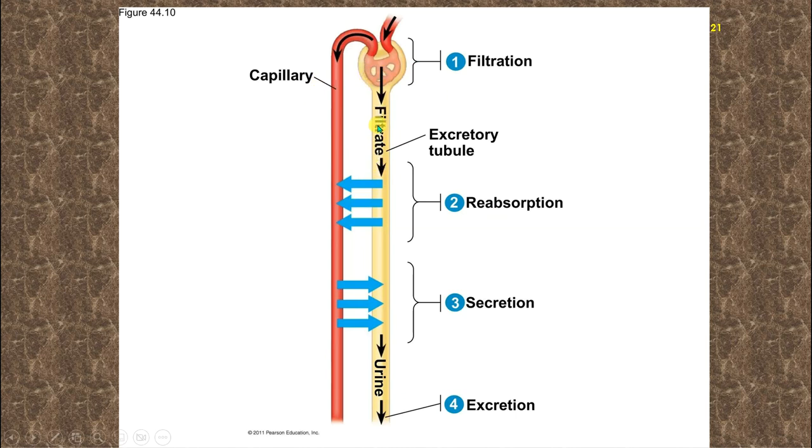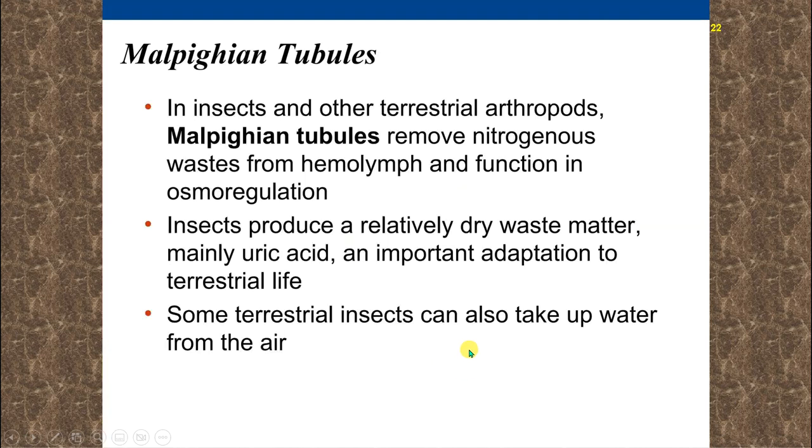The filtered material is called the filtrate, and many times reabsorption takes place, which is once again to the capillary, and finally the excretion secretion process takes place from the capillary directly to the collecting duct. Then it forms urine, and finally it gets excreted from the body.